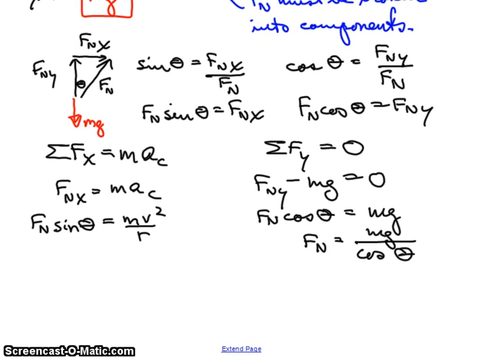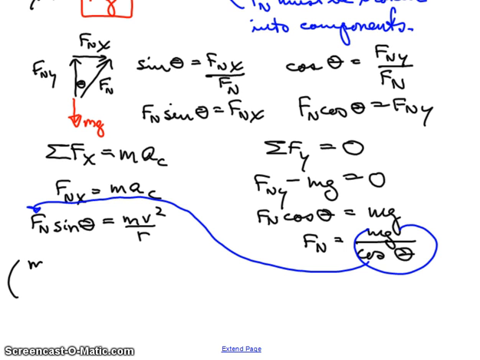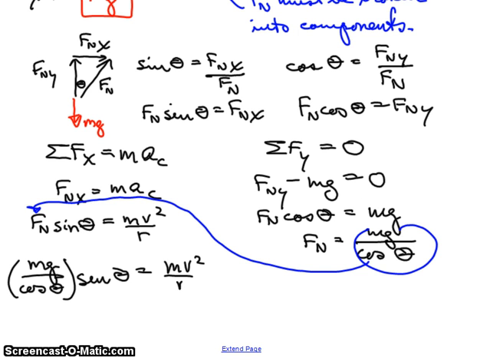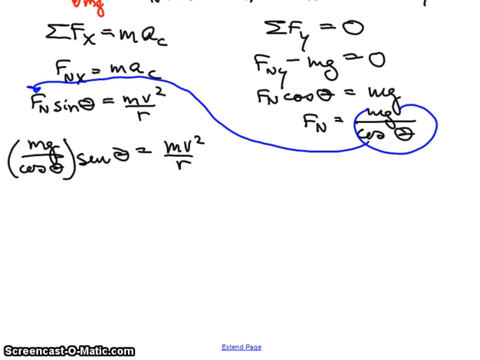Well, now we can take this piece of information and plug it into here for f sub n. So if I do that, I get mg divided by the cosine of theta times the sine of theta equals mv squared over r. Once again, you can see one variable on both sides of the equation that we can get rid of, and that's the mass. Once again, we're independent of mass here.